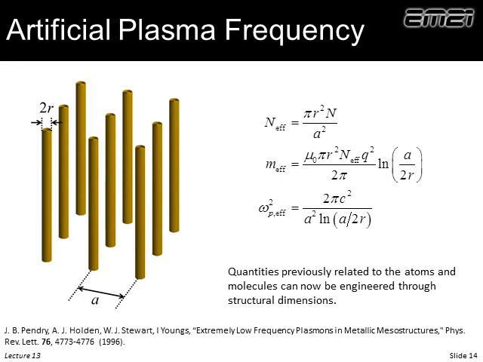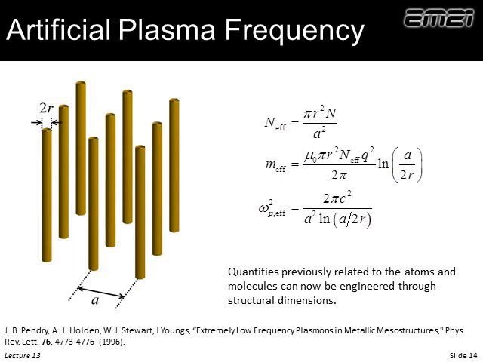And lastly, and this was one of the first things that were studied, if we have an array of wires, it turns out below a certain cutoff frequency, that behaves very much like a metal. Above this cutoff frequency, it becomes transparent, behaves more like a lossy dielectric. Well, that's acting very much like the plasma frequency did for metals.